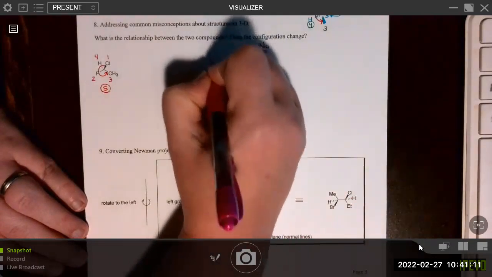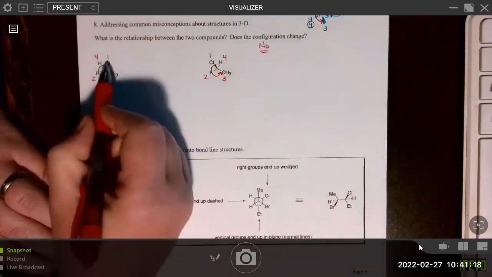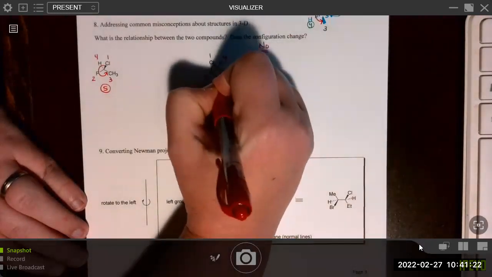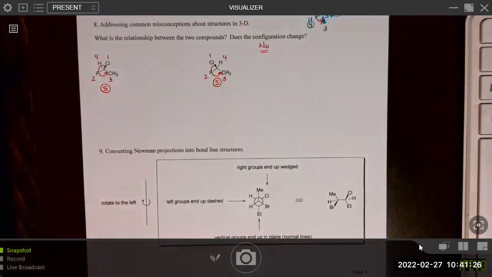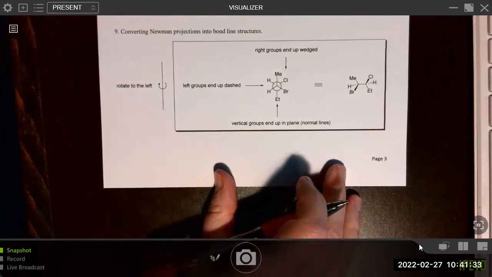So same priorities, 1, 2, 3, 4. And again, I would still have 1, 2, 3. You can see that the rotation is the same direction. So nope, it doesn't change it. Either way, it's the same structure. We know that because it has the same configuration.